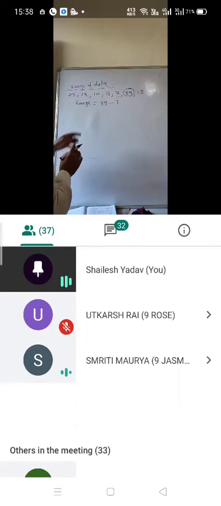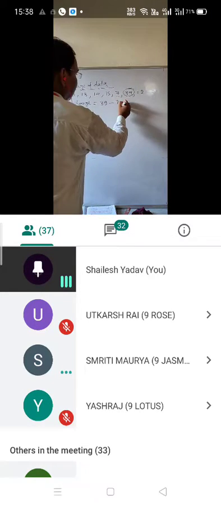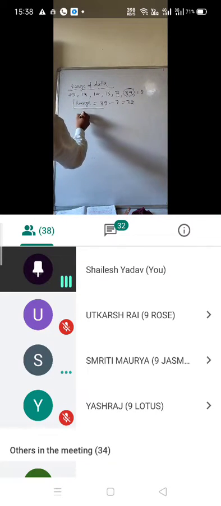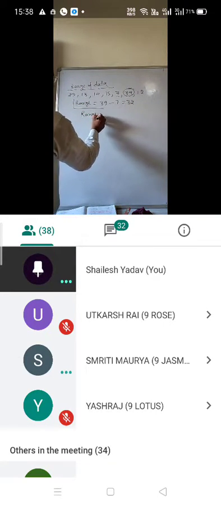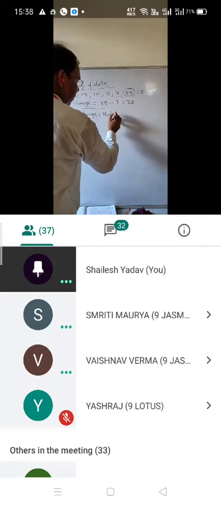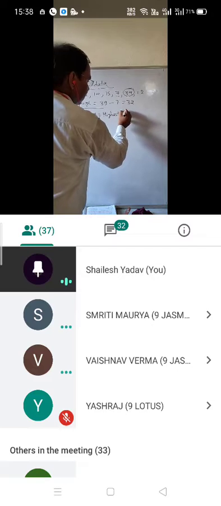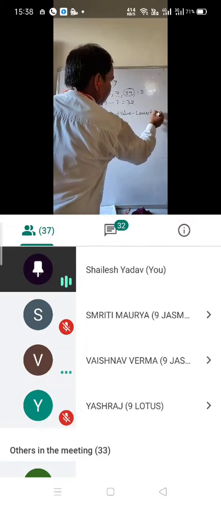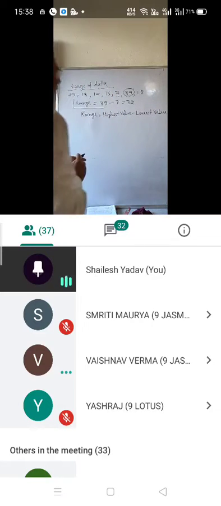So 39 minus 7 is equal to 32. So the formula for the range is highest value minus lowest value in the given data.